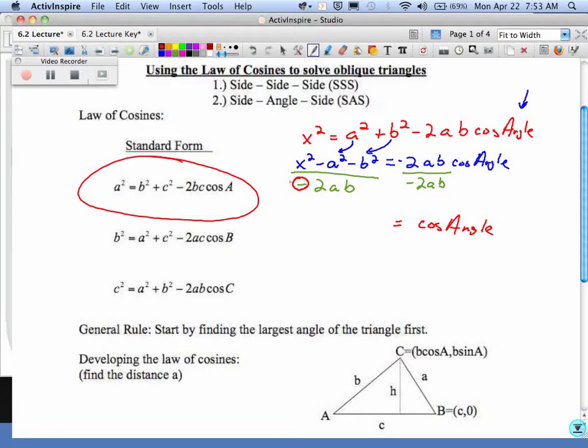So I'm going to take this negative sign, and I'm going to bring it up here, which means the a and the b that are negative now become positive, and the x, which was positive, now becomes negative. And if you look at this formula, there's only one negative sign in it now. And then I go a step further whenever I do this. I do my angle is equal to, and I do the cosine inverse right away over here.